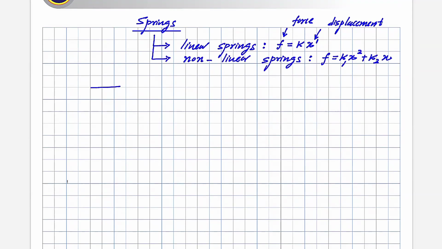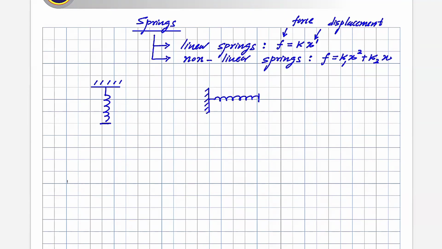So this spring, you can arrange in two different ways. You can fix it vertically, or you can fix it horizontally. Right?